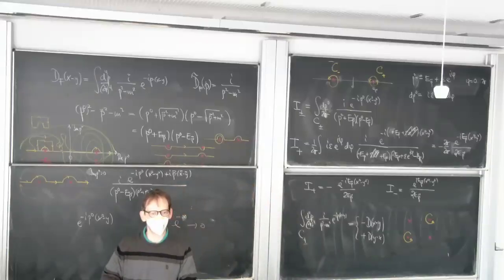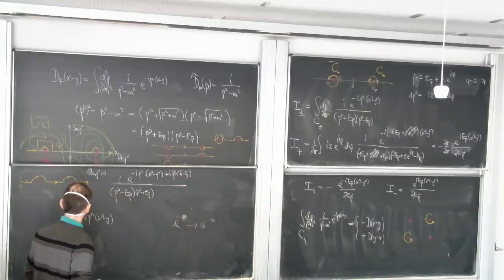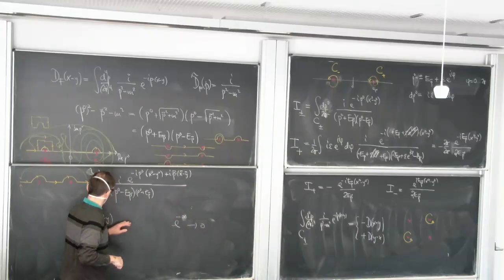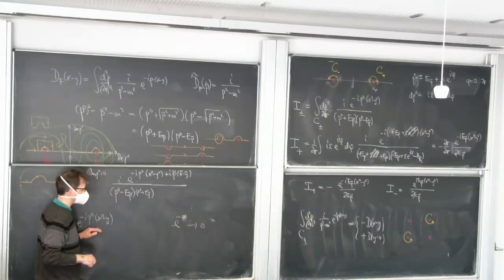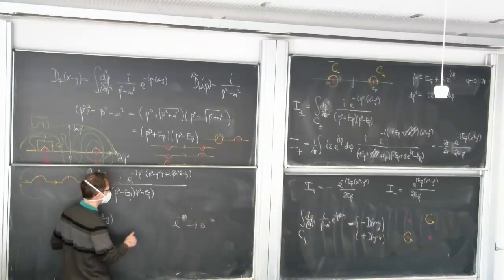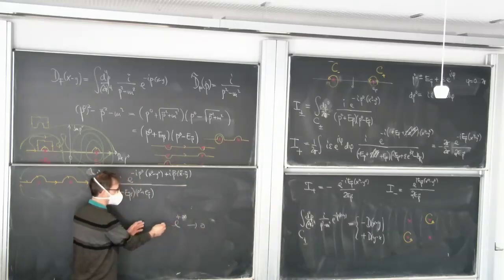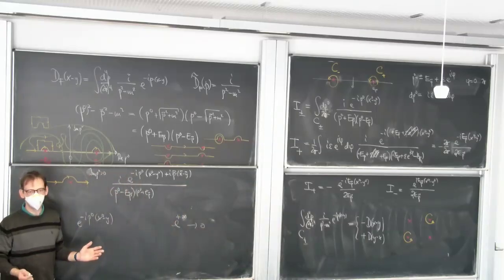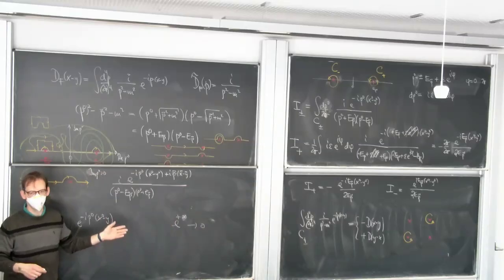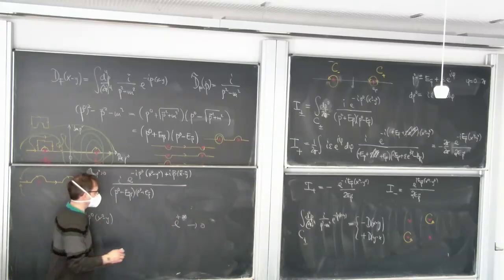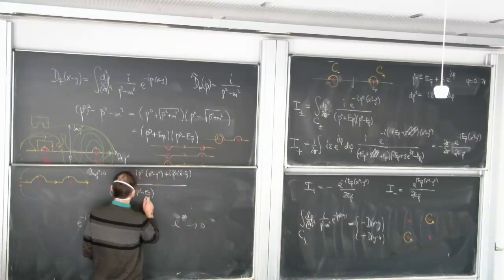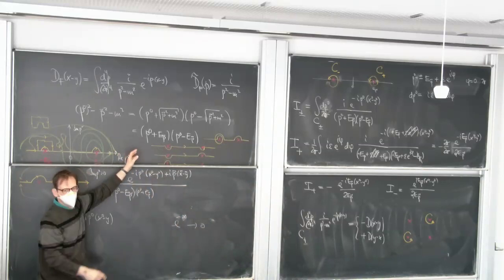The denominator helps too. But this one shouldn't counteract. If the denominator goes to 0 and this one goes up, then the exponential function will win. So I have to make sure that that doesn't blow up.